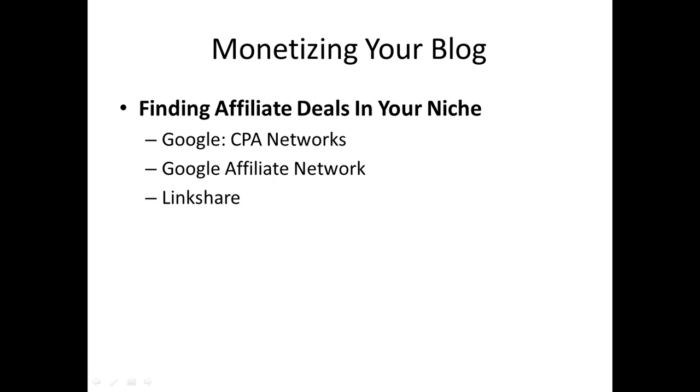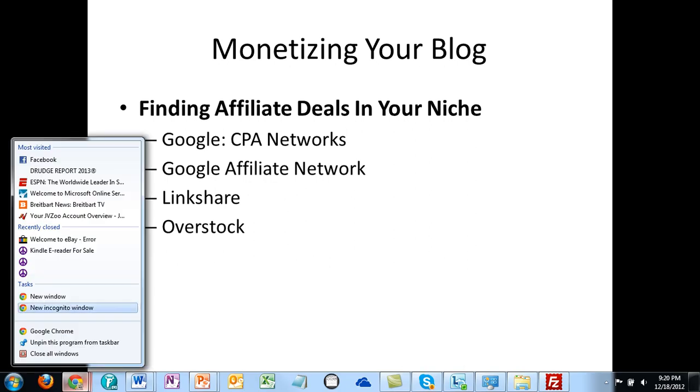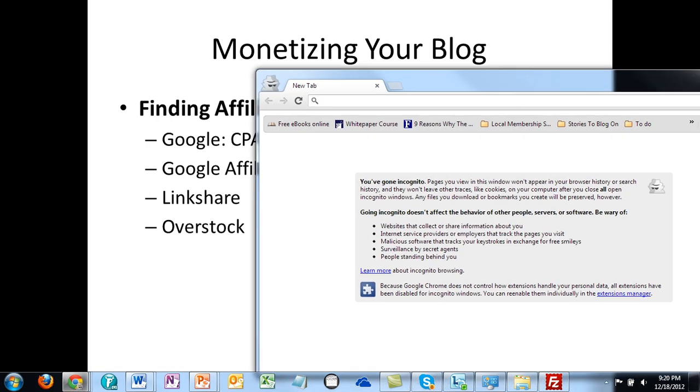You can also go to a website called Linkshare. It's much like EWA and the Google Affiliate Network. You can go to overstock.com, and I'll show you that here in a minute. We'll just take a look at Overstock.